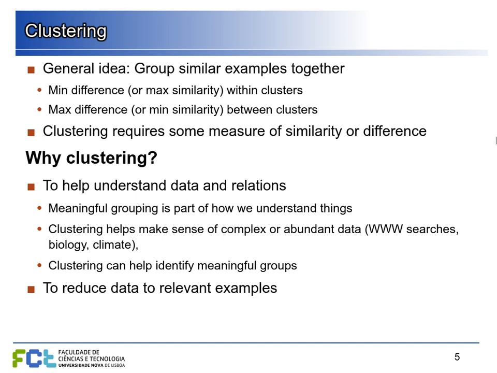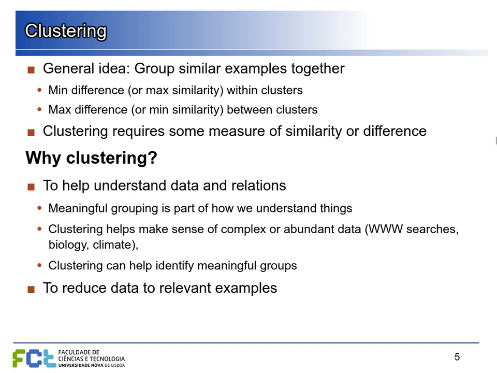Clustering, as a verb, would be to create a cluster. It does not have a very well-defined a priori objective, and we can use it for different purposes. When we use clustering for different purposes, we also need to think about what the purpose is, and that will dictate how we evaluate the different clusters and how we want to do the clustering.